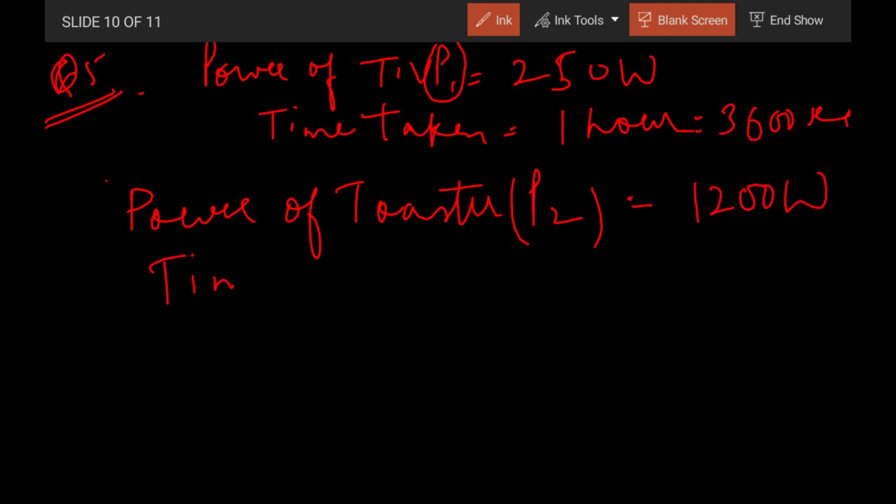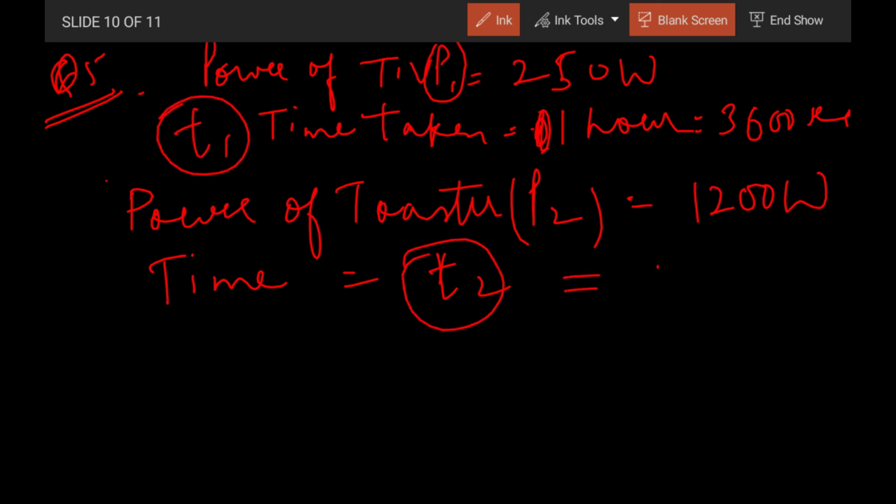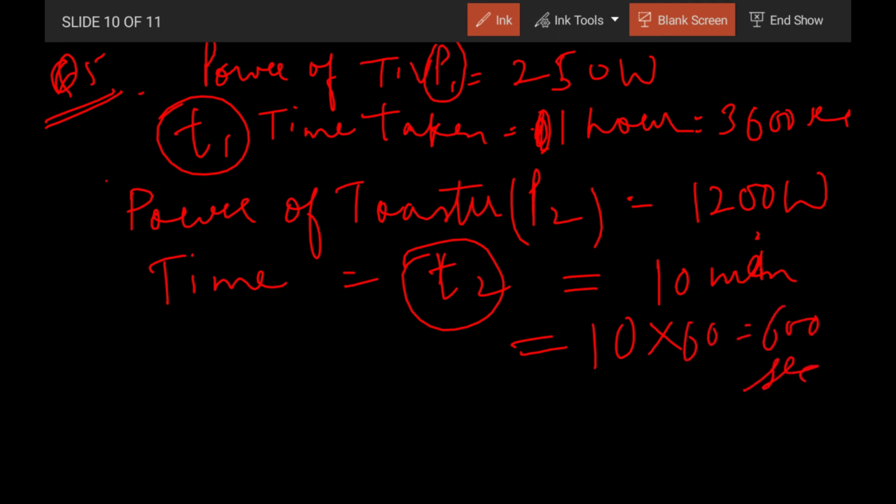Time given is T2, and T2 is equal to 10 minutes only, which is 10 into 60, equal to 600 seconds.